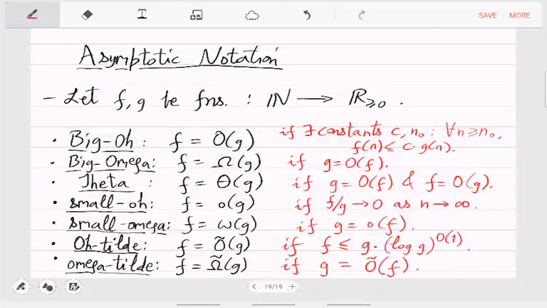Okay, and so on. You can define such functions.